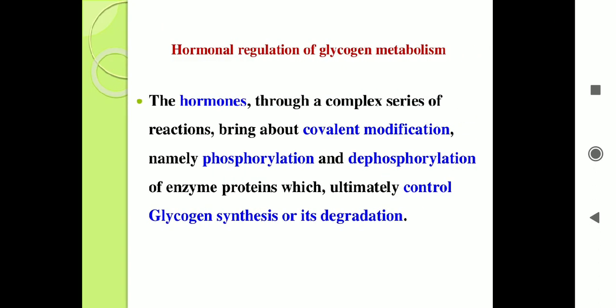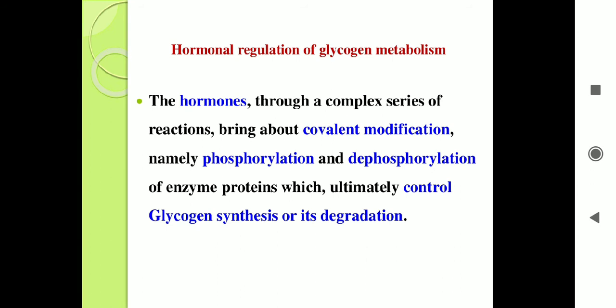Now hormonal regulation, which is the second type of regulation. So in hormonal regulation of glycogen metabolism, we will see which hormones can be used for regulation. These hormones, through a complex series of reactions, bring about covalent modification. Covalent modification means very strong modification, namely phosphorylation and dephosphorylation of enzymes, or you can say proteins, which ultimately control glycogen synthesis or its degradation.